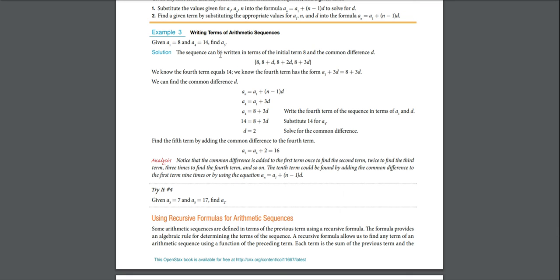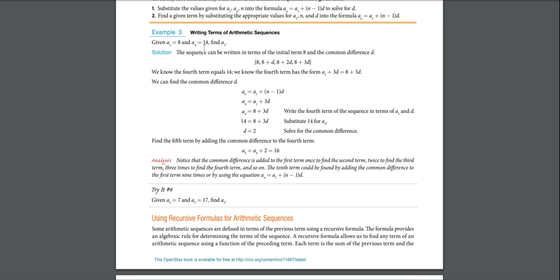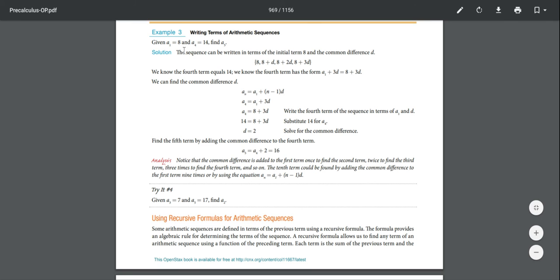If I'm not given the common difference, but I'm given 2 of the terms, I can find the common difference. If I'm given the first and second term, or 2 terms that are next to each other, that's easy, because it's whatever I added. But these are not next to each other, so we need to be a bit more clever. We could plug into our formula and say the 4th term has to be the first term plus 3, remember 1 less, times the common difference.